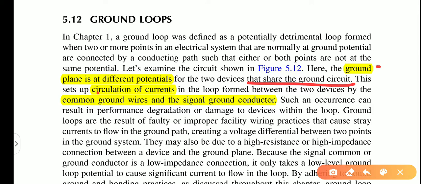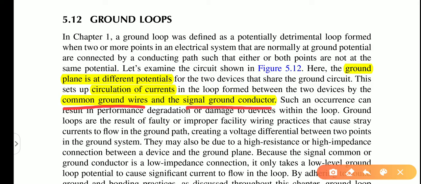We can call it a circulation of current in the loop formed between the two devices, from which circulating current will flow through the common ground wires and the signal ground conductors.